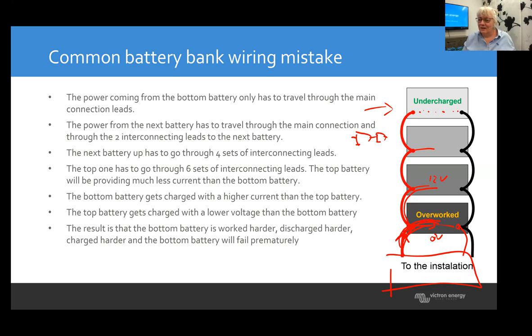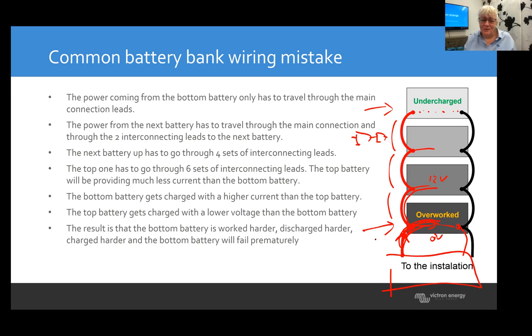So you'll get that the bottom battery is working all the time, and the other battery at the top is probably getting undercharged, also because of voltage drops over all those lines. It just sits there brand new doing nothing and probably starts to sulfate eventually. And that bottom one will totally blow up, will wear out in less than a year, etc. That's how bad it is with some of these systems.